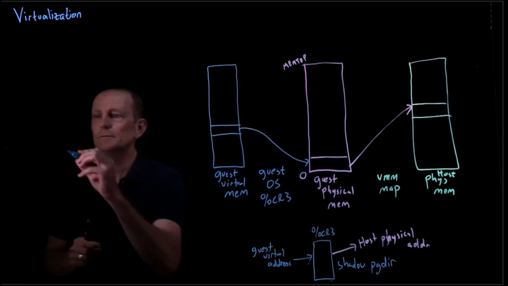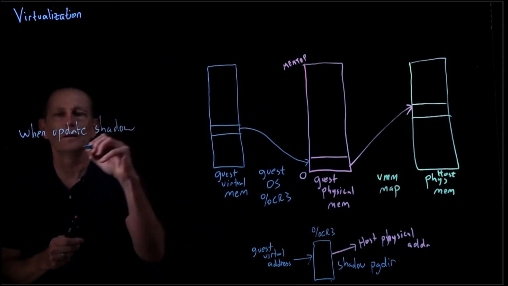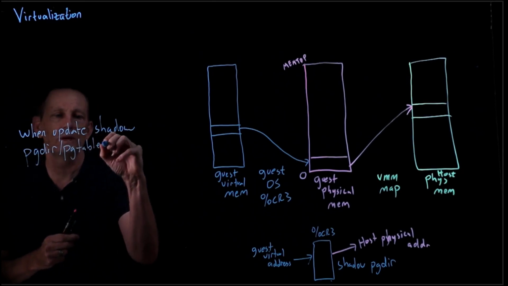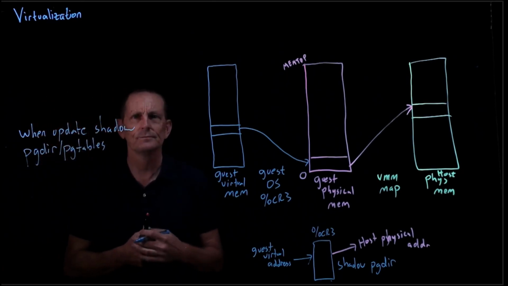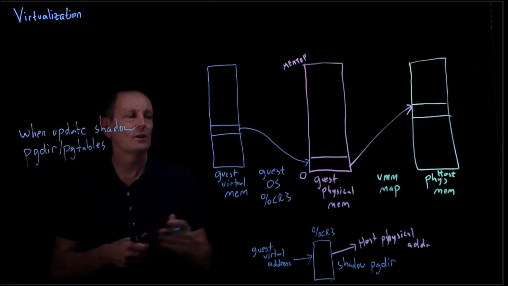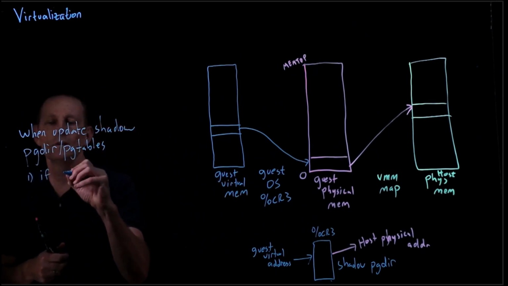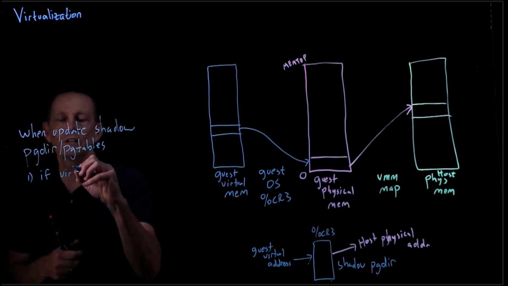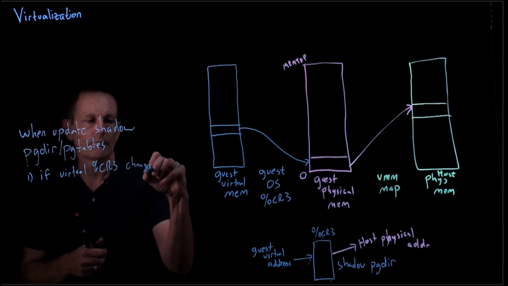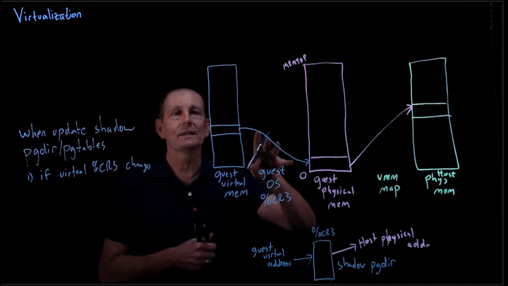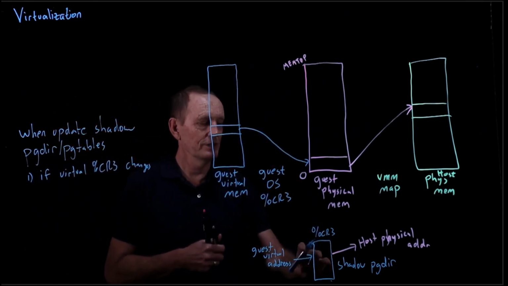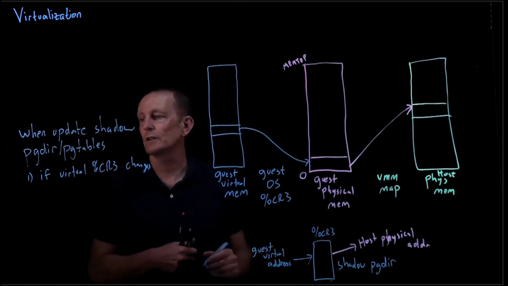So when do we update the shadow page dir and page tables? We're going to update them whenever the virtual CR3 changes, because then we're going to get a whole new mapping, and so we need to refill this shadow page directory.